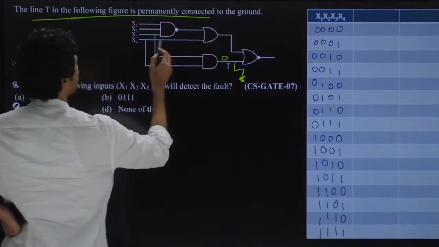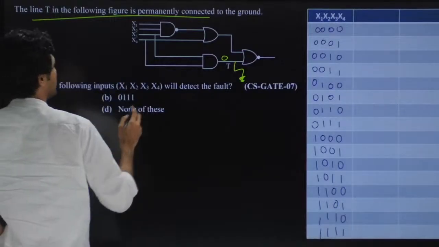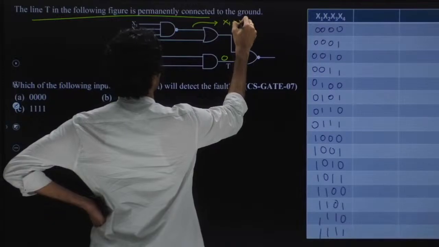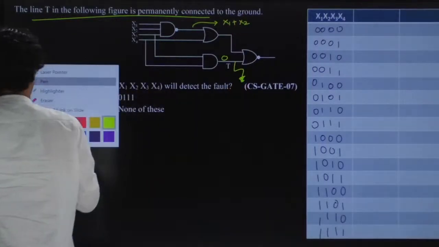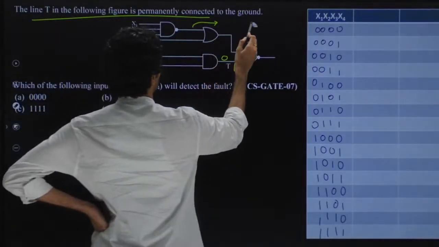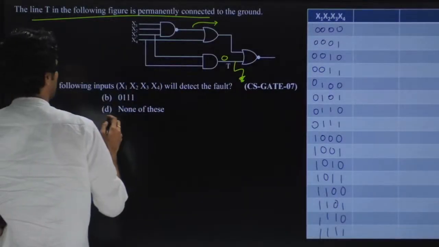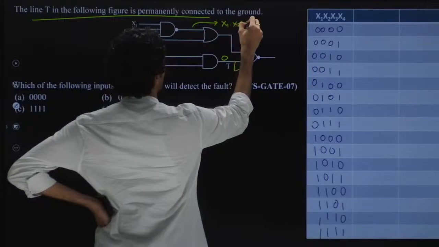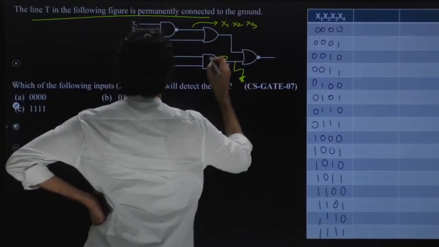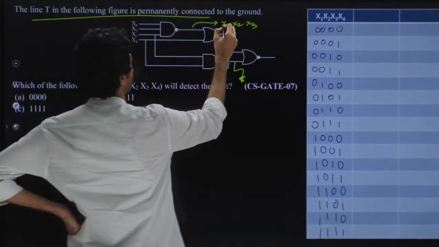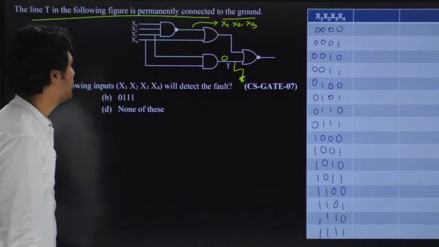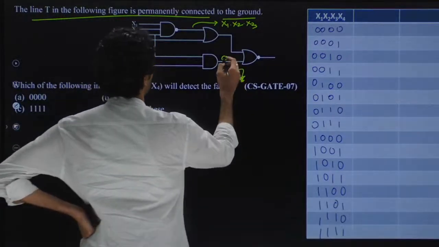Writing it directly, we can write this as x1 into x2 into x3, the NAND gate whole bar, which is equal to x1 bar plus x2 bar plus x3 bar.